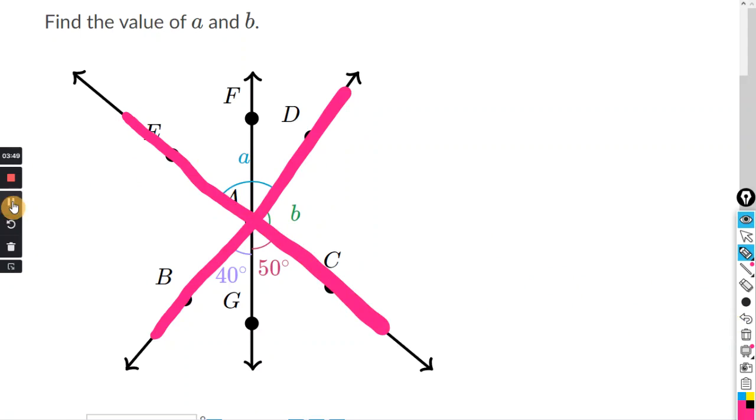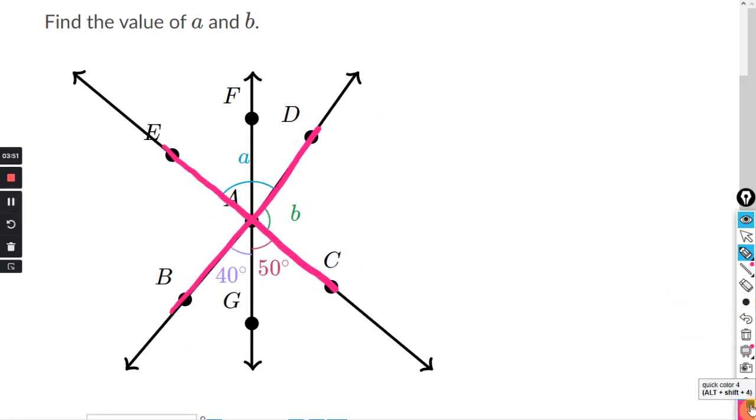Hold on a sec. All right, hopefully you can see it a little better now. You see the X shape, we have angle A right here, and the angle across from this one right here, we can see it's 40 plus 50. So if we add 40 plus 50, that's going to be 90 degrees. If this one is 90, this one is also going to be 90. So A is just 90 degrees.